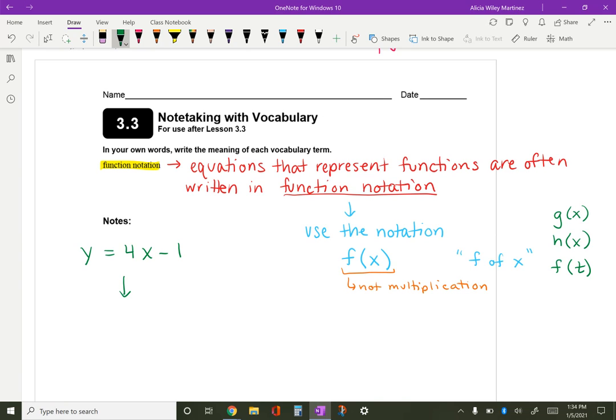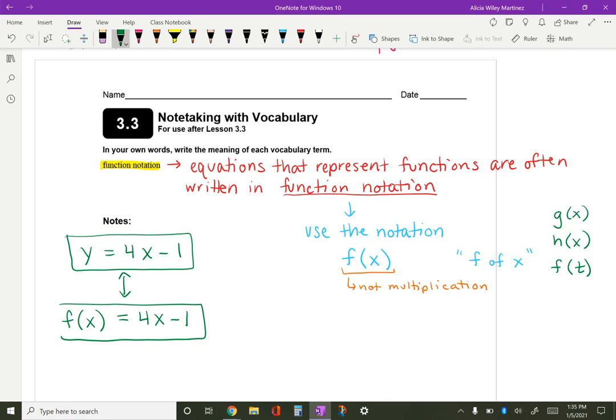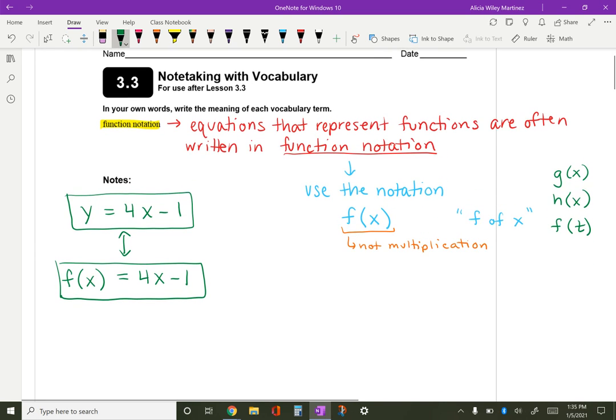Now, where function notation comes into play is it takes the place of the y. So I could write this instead as f of x equals 4x minus 1, and vice versa. You could write it going either way. So these two equations mean exactly the same thing. They would graph exactly the same line.